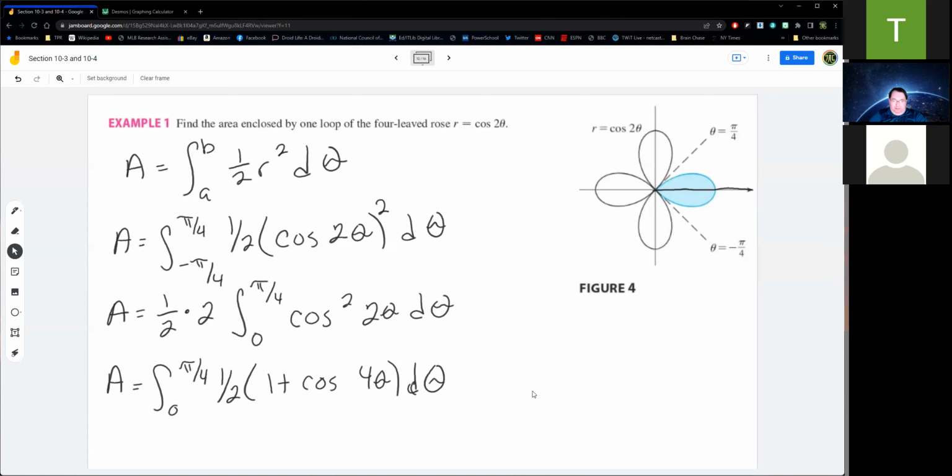Now we can do the integral of that. So area equals 1/2 times theta plus 1/4 sine 4 theta, and we're evaluating it from 0 to pi over 4.